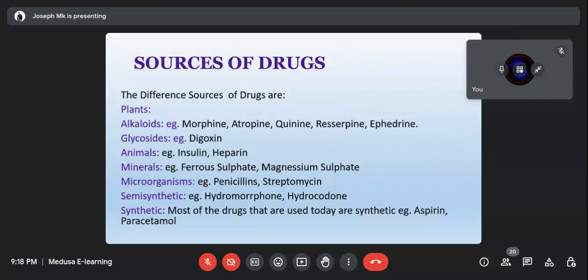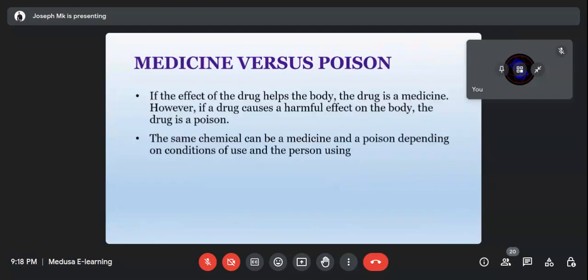I've forgotten the other name, some of you can remember. Yeah, so those are synthetic drugs, and some examples are aspirin, and the one you were told to draw in the exam last year, paracetamol, which most of us failed. Yeah, so those are some of the synthetic drugs.